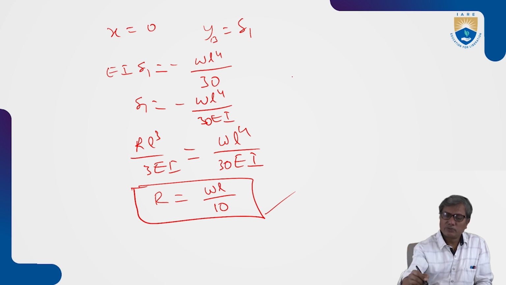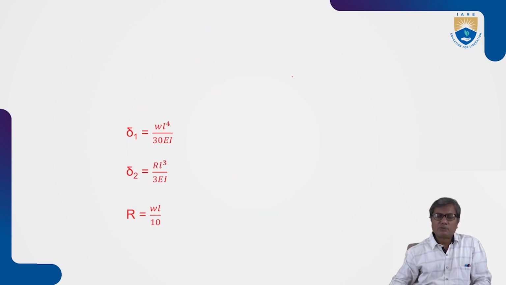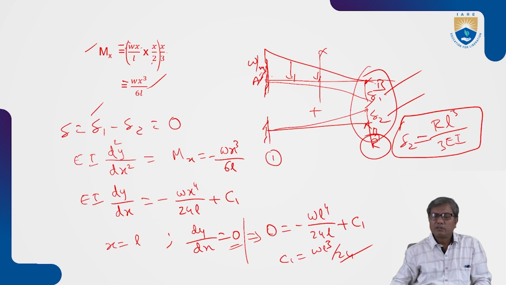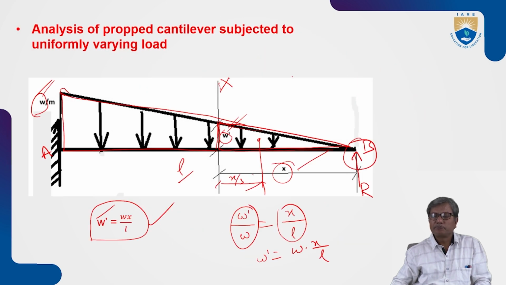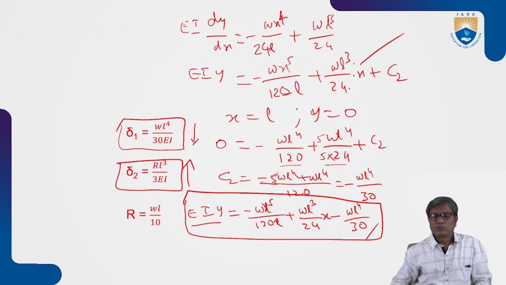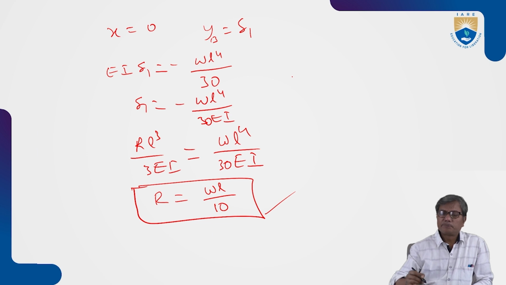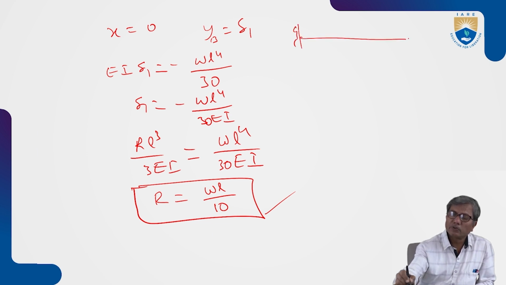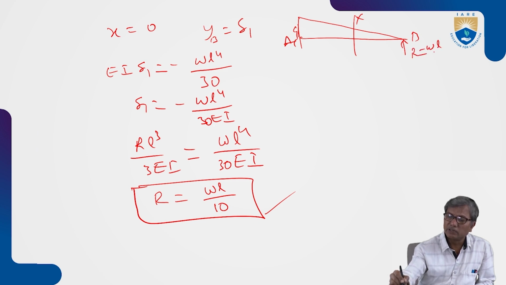So what will be the shear force and bending moment diagram for this? Shear force and bending moment diagram for this. So by considering a section at any distance x, R, which is WL by 10, and this is W dash, which is Wx by L, and this is x.